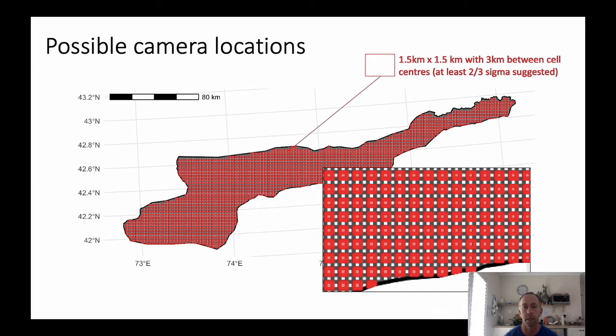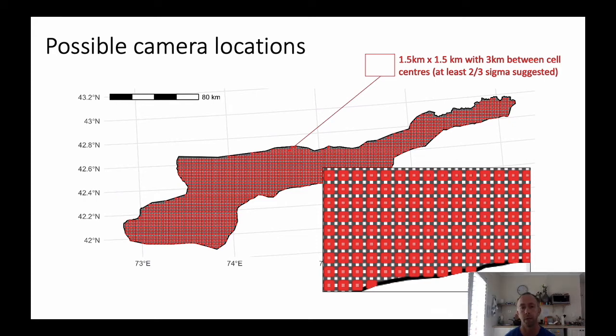So for example, here, even if we're going to use a mesh with grid cell size 1.5 by 1.5 kilometers, we might place 3 kilometers between our possible camera locations, just to make sure that cameras are not placed too close together. In this case, I'm using an example of 4.5 kilometers for sigma, and so 3 kilometers works out to roughly 2/3 of sigma.